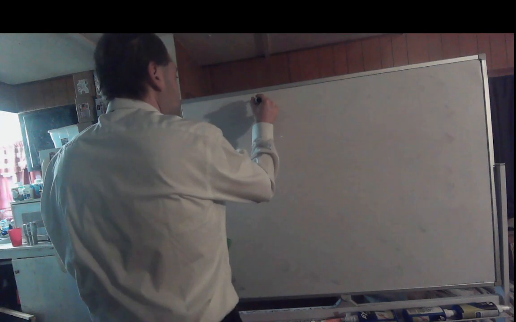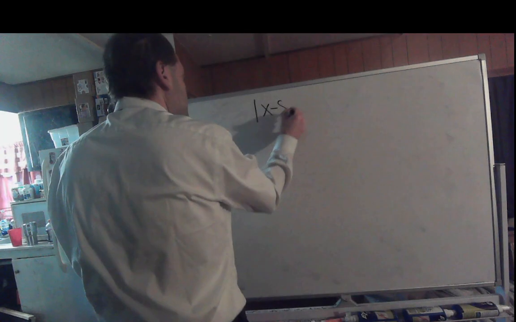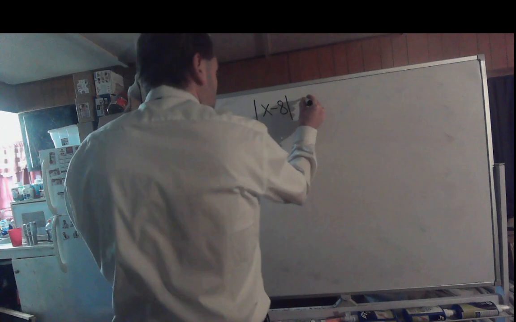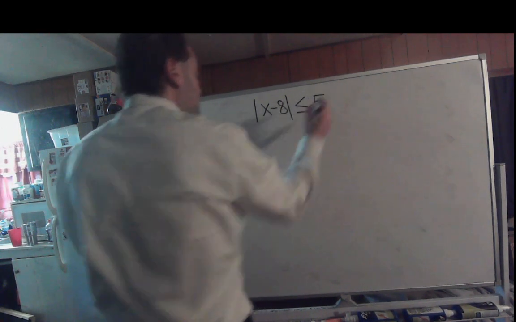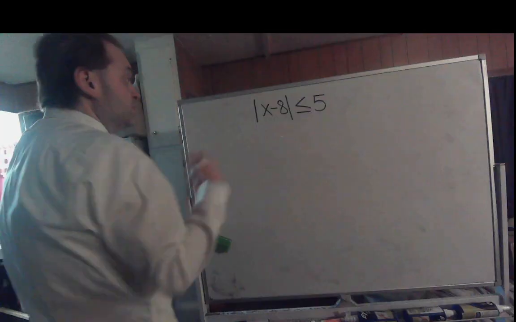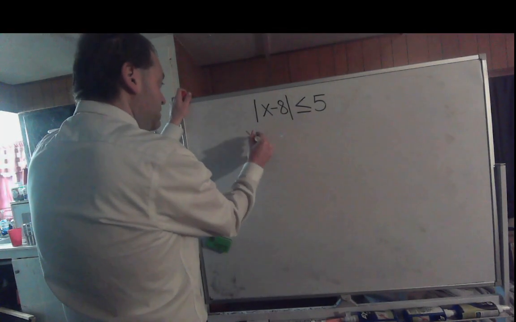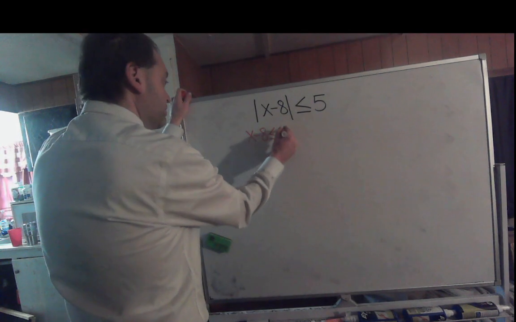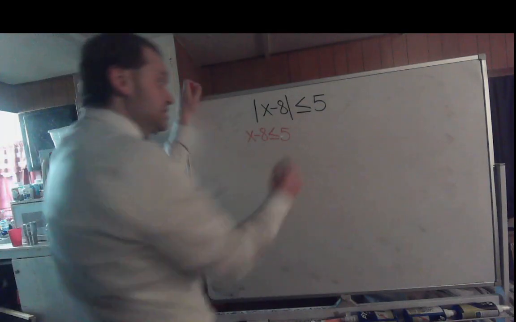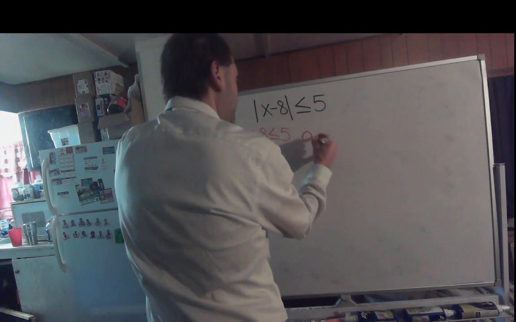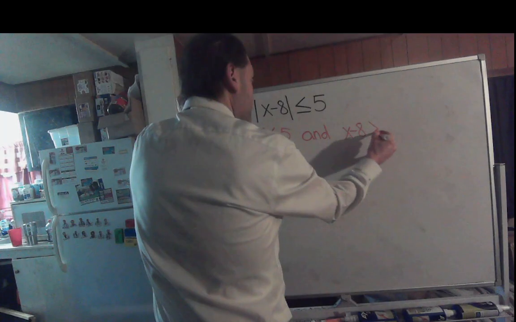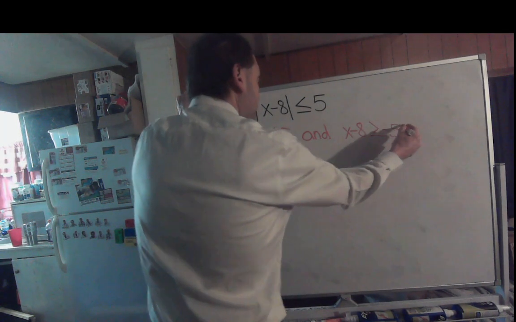All right, the absolute value of x minus 8 is less than or equal to 5. So you'll start out, of course, with x minus 8 itself is less than or equal to 5, and x minus 8 would be greater than or equal to negative 5.